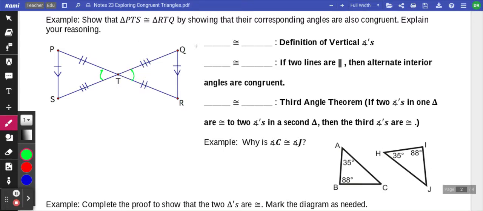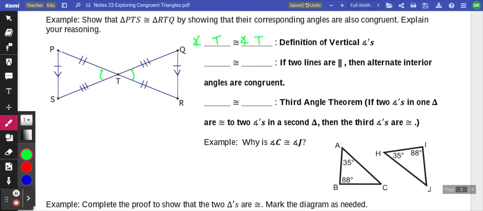And we can't call both of them T, right? That would be confusing. They're two different angles. So we have to go back to naming these using 3 letters. And if you recall, when we do that, T, since it's the location of the angle, is going to be the vertex of the angle, the middle letter in both cases. And then to complete naming the angle, maybe you look at the left angle first.